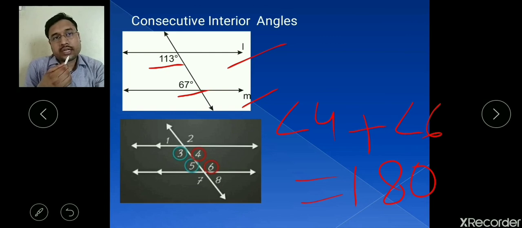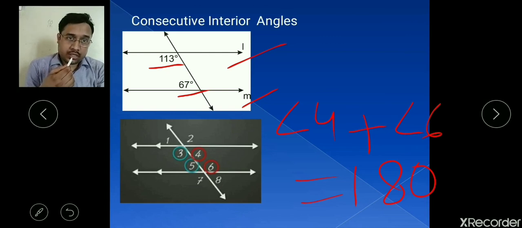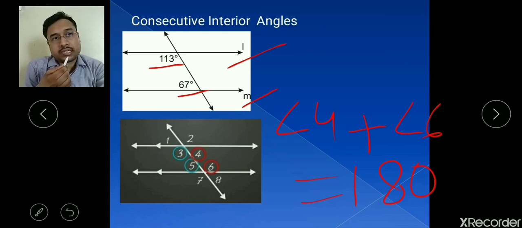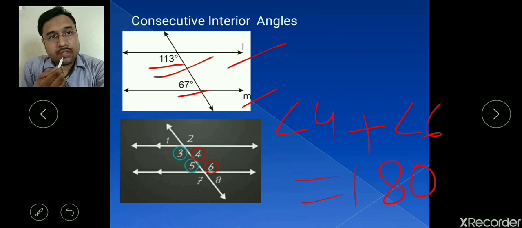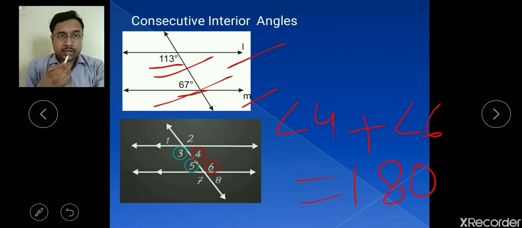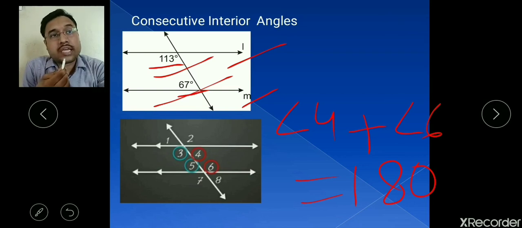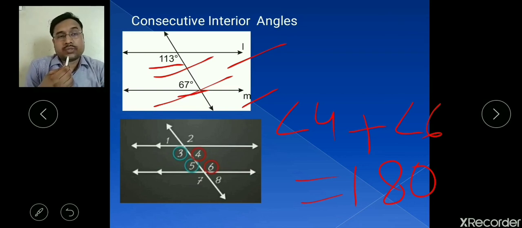And what is their definition? The two angles which are lying on the same side of the transversal, just like 113 and 67, both are lying on the same side of the transversal and on the inner side of the given lines which are intersected by the transversal.